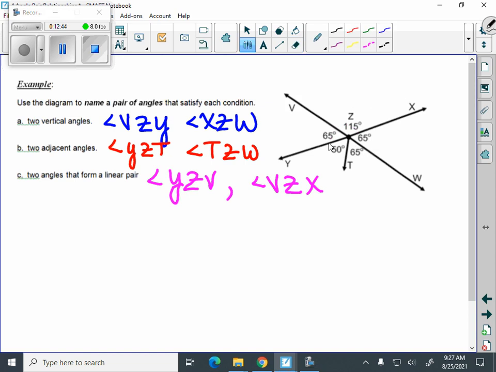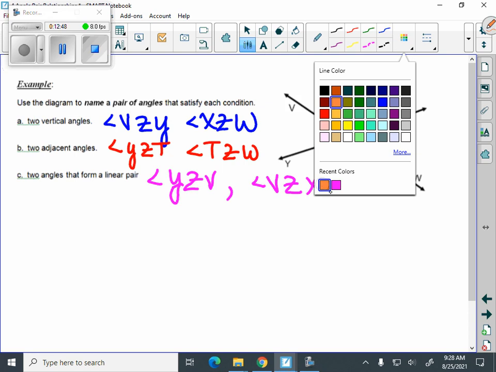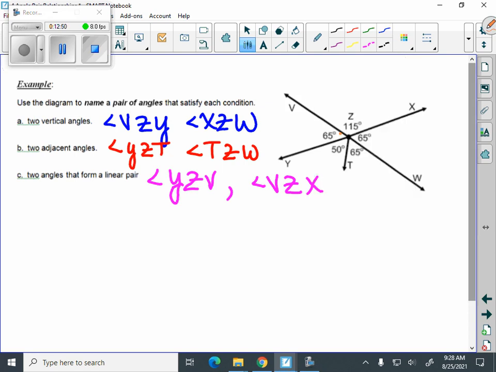If I just identify another one, I won't write down the answers here, but what about right here? Maybe that's what you saw. So there's another place where you've got a linear pair, but it's two. So you need to break it apart into two that are side by side and combined to be 180 degrees.